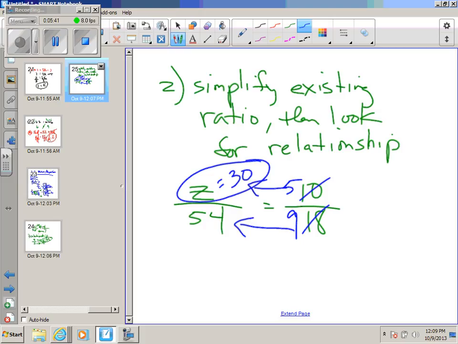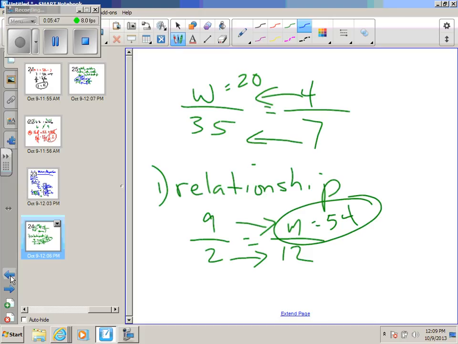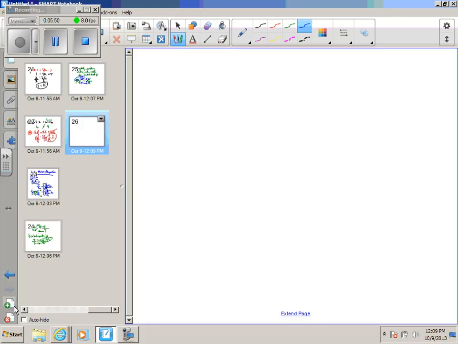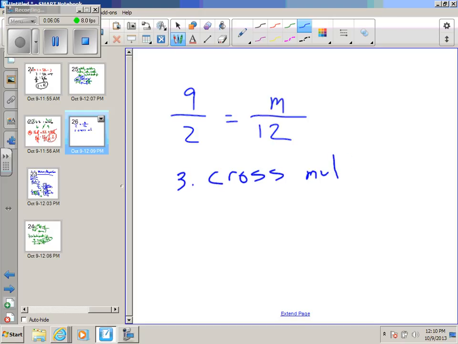Right, so if we were just to use 9 to something over 12, and let's say I was blind and I couldn't see the relationship between the 2 and the 12, and I wanted to go to step 3: cross multiply, then divide.